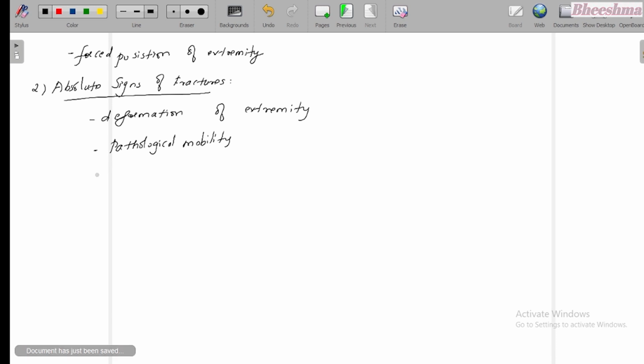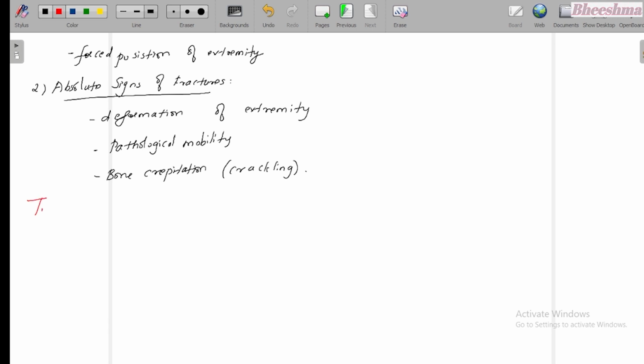The next one is bone crepitation. Cracking. These are the absolute signs of fracture.